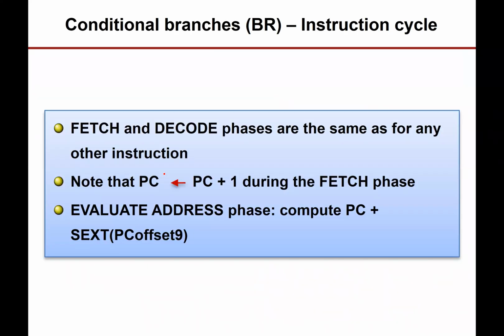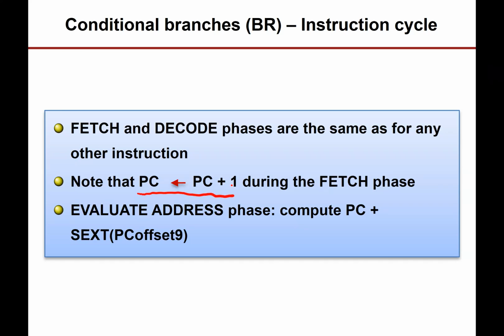So for the conditional branches, the instruction cycle also has the fetch and decode phases as all other instructions, right? It's the same.